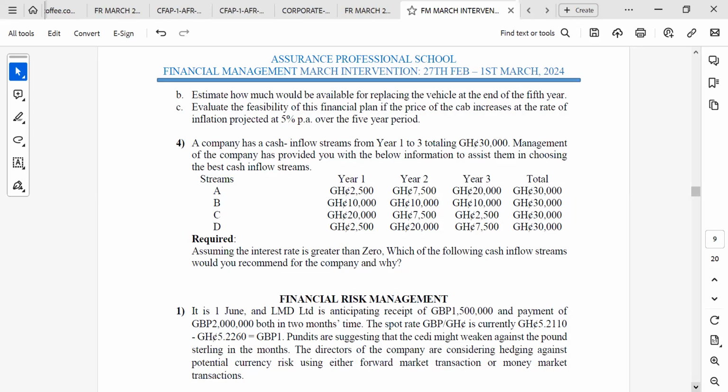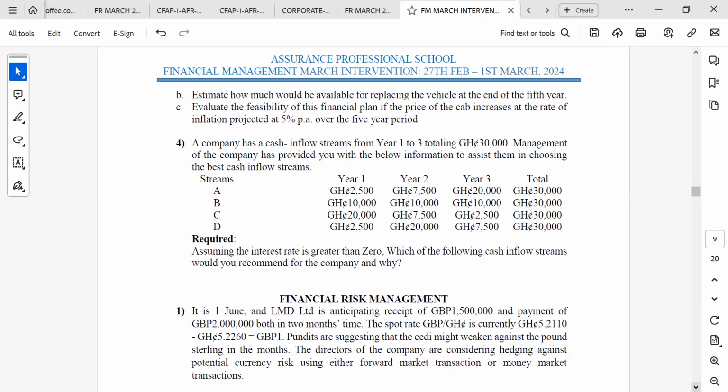So the first thing is that you need to find a present value for each of the streams. But what are you going to be using? You can assume any discount factor because they say that you should assume that the interest rate is greater than 0. So you can use any interest rate of your choice to present value these cash flows, because the year one cash flow will arise at the end of the first year.